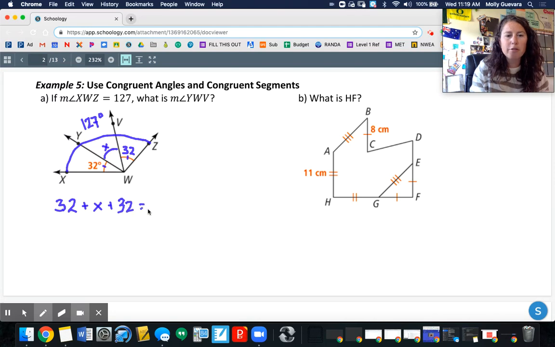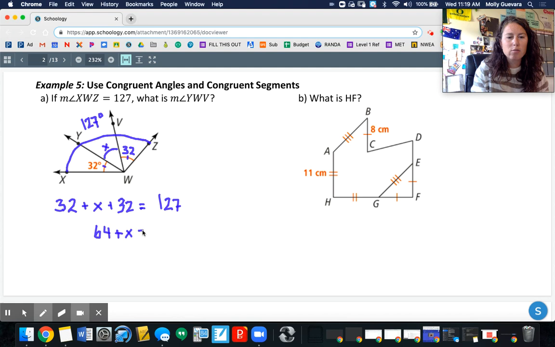All 3 added together equal the whole angle, which is 127. Okay, so I'm going to combine like terms. 32 plus 32 is 64.